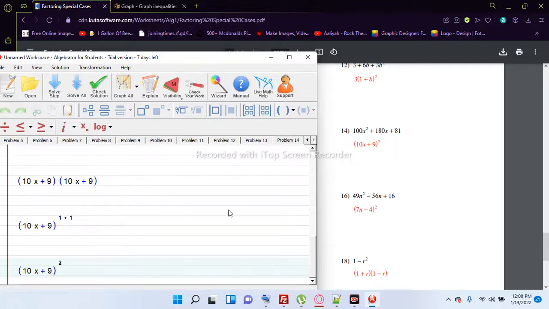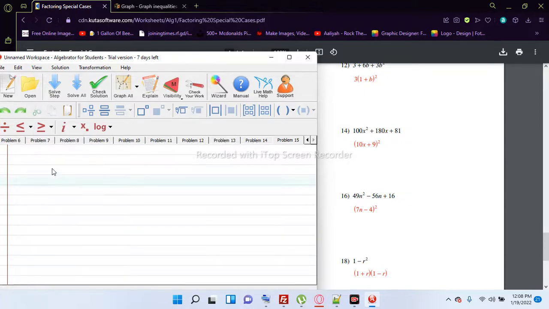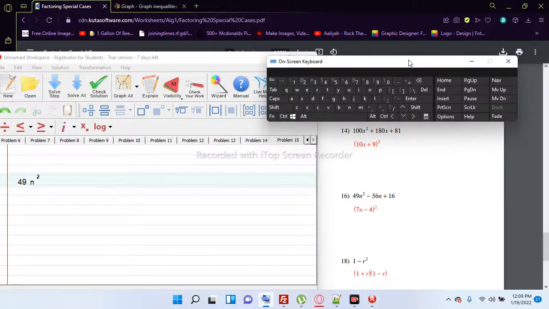So now we're going to do 49n squared minus 56n plus 16. So again, you type new, and you type 49n, again, shift, and the 6 key, okay, 2 with a square, minus. I have a messed up keyboard, so bear with me. Minus, backspace.